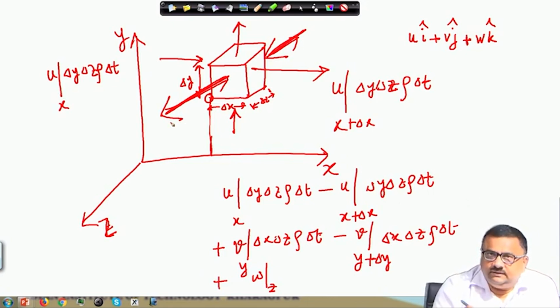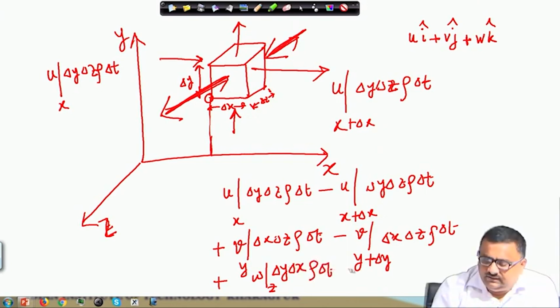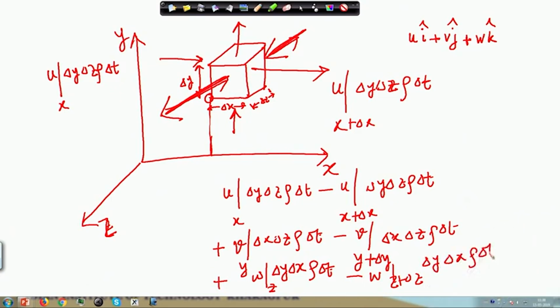So it is w at z into delta y delta x rho delta t minus w at z plus delta z delta y delta x rho delta t.